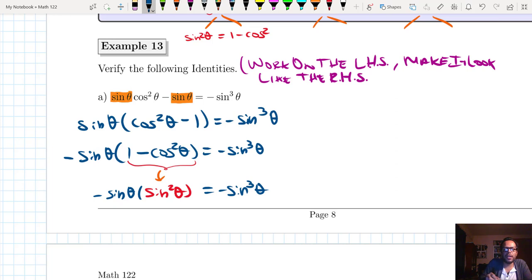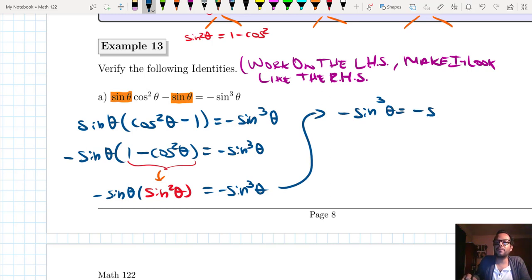Now we need to multiply this sine with that sine. Sine times sine squared. By using the laws of exponents, we are going to have a negative sine cubed of theta, and that equals, now the two sides are equal, right?